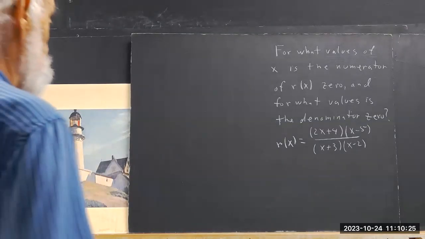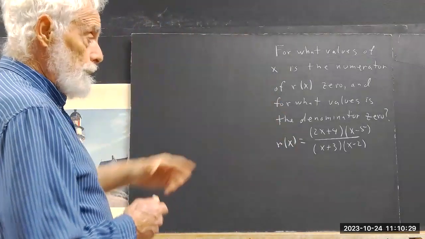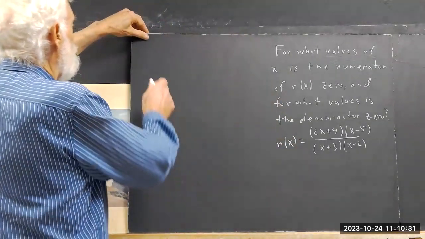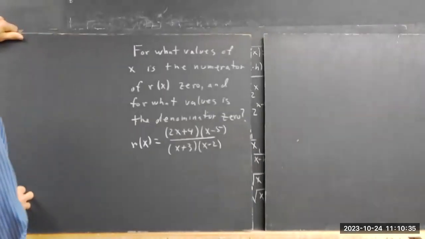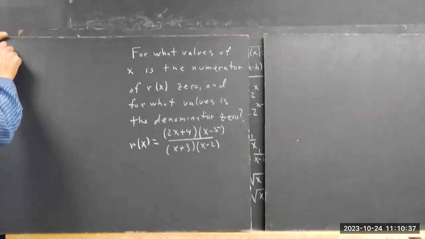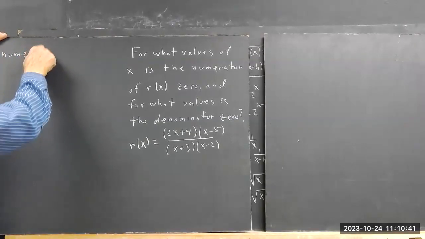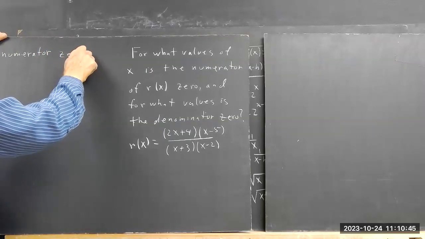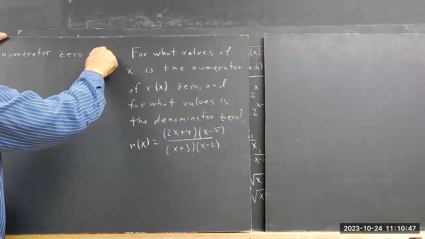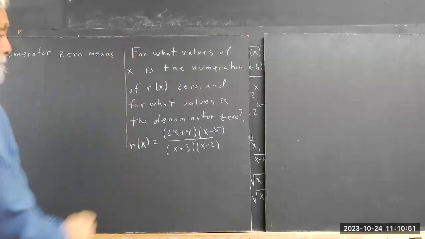Okay, well, everybody's on track, and everybody has some of it. So, well, let's just say, over here, it seems like you like as much of the board. What does it mean for the numerator to be 0?